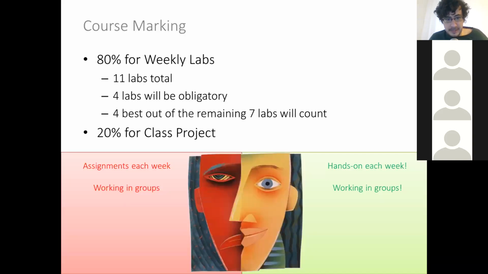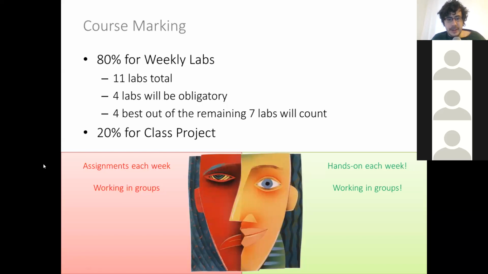So with the projects, you've seen enough topics that you can start to think about what kind of project you'd like to do. You've already seen Pig, MapReduce, Spark, Kafka now. You can also do projects based on what we'll see later in the course, but it's a good time to start to think about that. As mentioned in the first class, 20% of the mark will be dedicated to the class project.